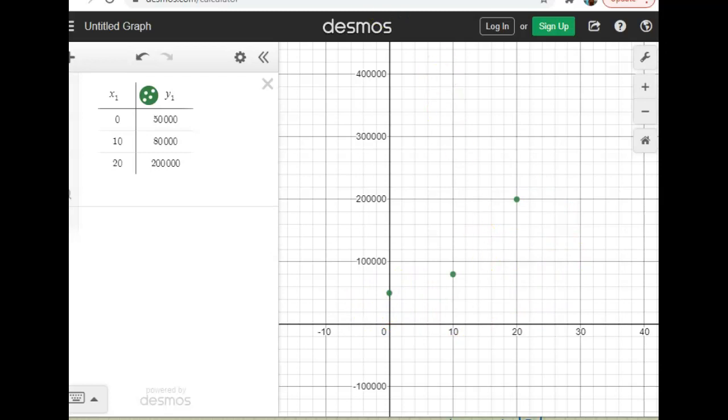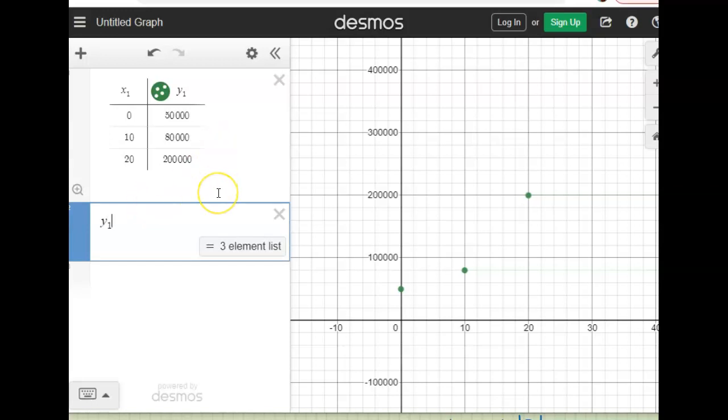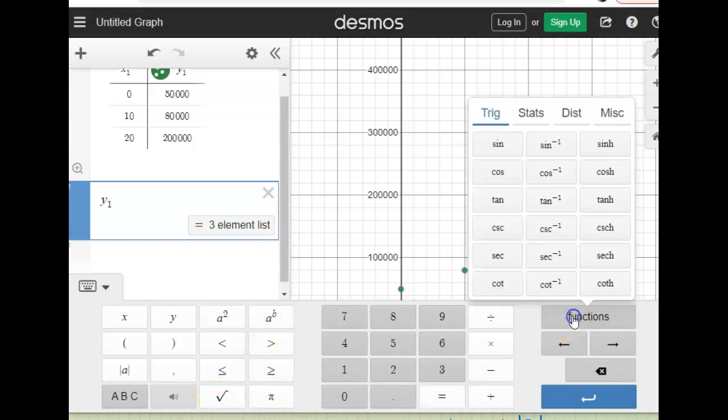Now, to find the equation, you click on the next line in Desmos and type the following. You're going to say y sub 1. You can find the subscript either by doing shift and dash, or you can use your keyboard.